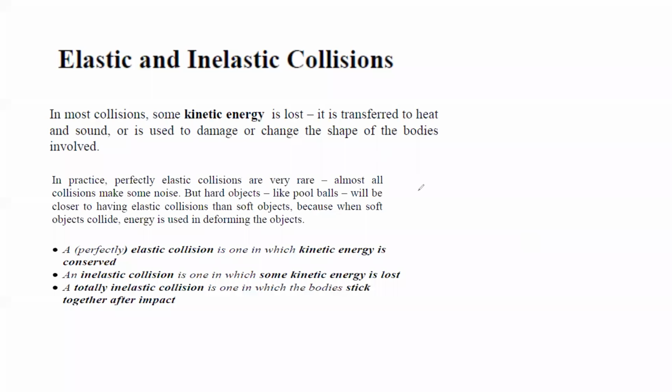If a collision is an elastic collision, so if you have two objects of mass m1 and m2 moving with velocity u1 and u2, the kinetic energy will be, because kinetic energy is half mv square, half, or I can say 0.5 m1 u1 square, and kinetic energy of this one is half m2 u2 square.